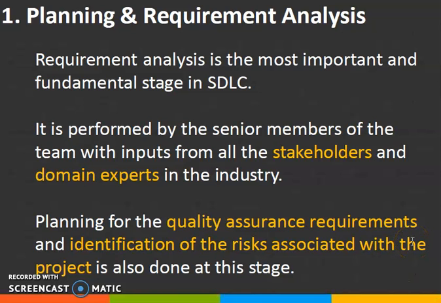First let us discuss one by one. The first phase is planning and requirement analysis, because we have discussed various information system requirements for different levels of organization. The requirements vary from one level to another. Operational level requirements are different, middle level requirements are different, and at the strategic level the requirements are also very different.